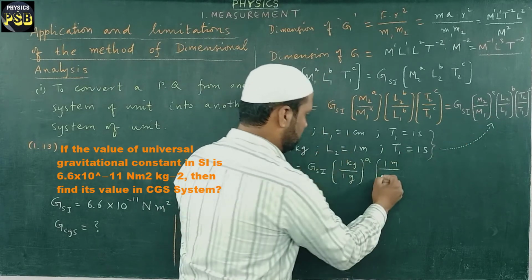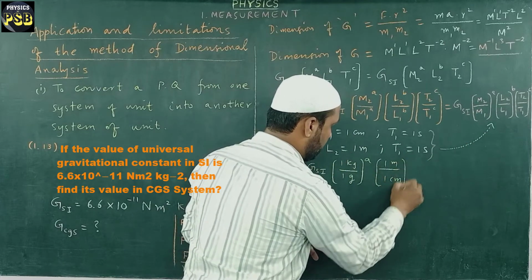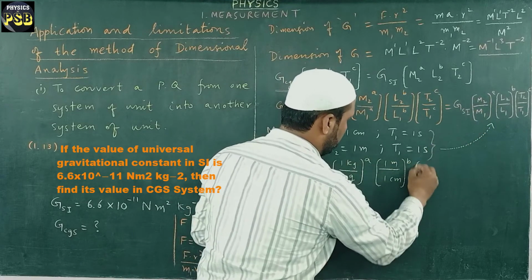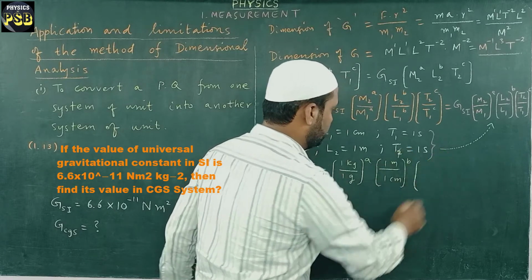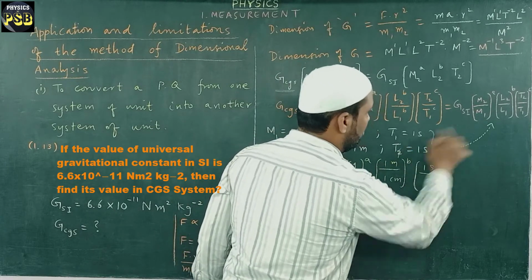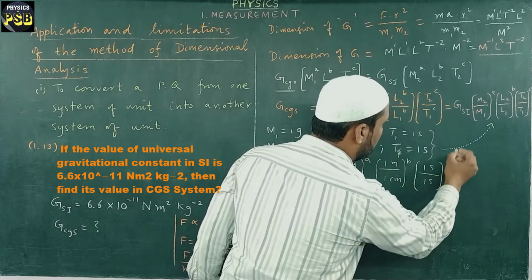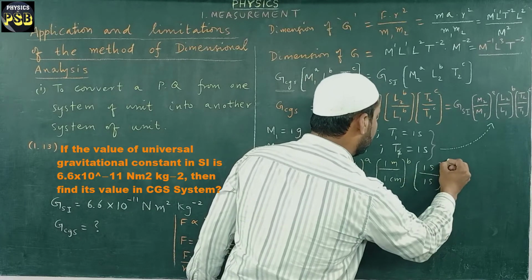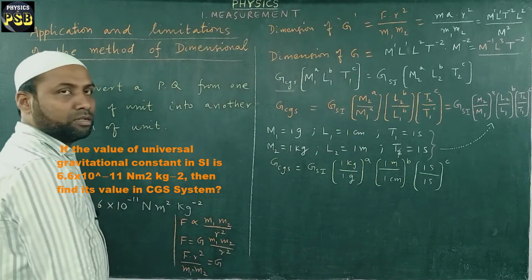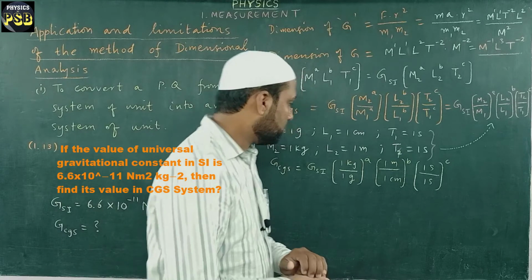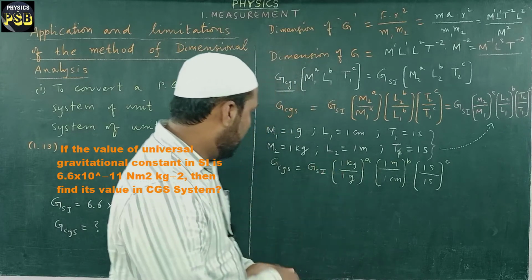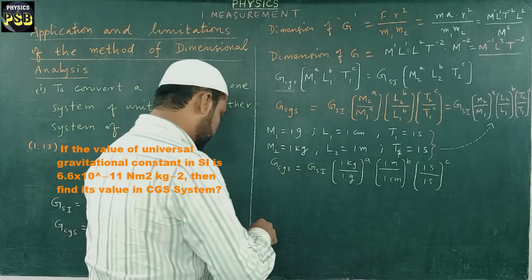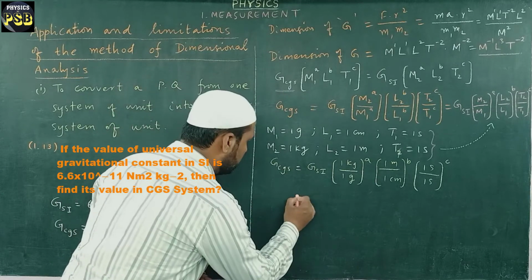L1, we have 1 centimeter, power B. Then T2 is 1 second, T1 is also 1 second, raised to power C. Got it? Now I make certain changes to this. Let's see what that is.